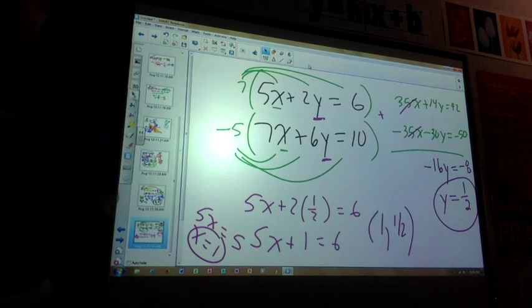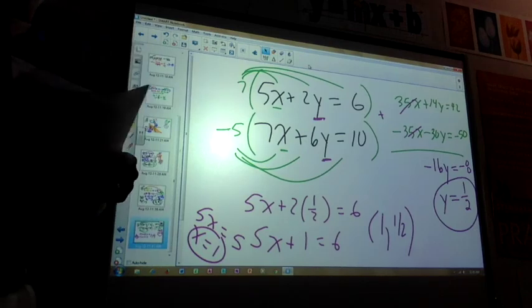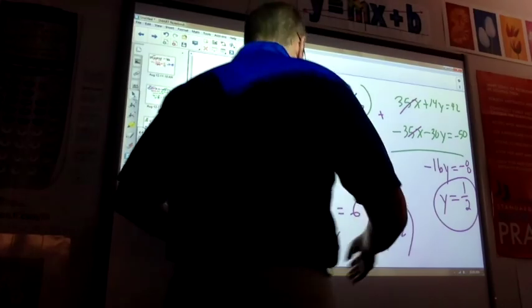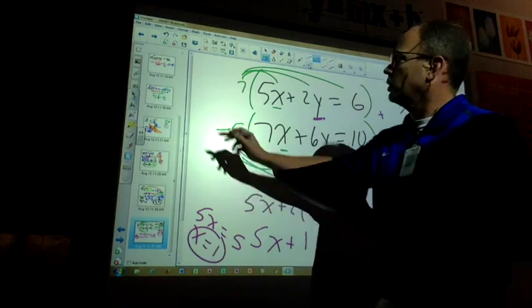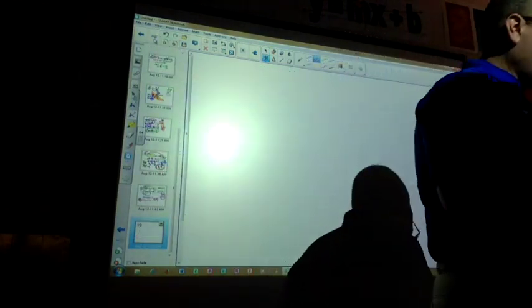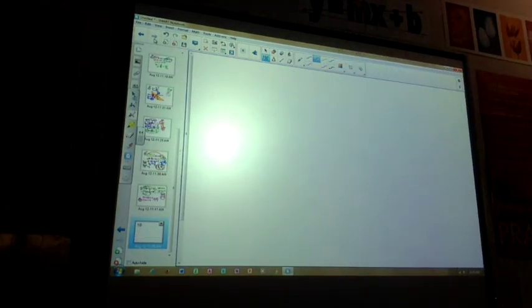Okay, can I flip the page? Let's go to the back side of that page. Or in your book, it might be the back side or it might be the next page. I don't know. I apologize. Next page. 15 through 18, we're just simplifying. Does anybody need help on any of 15 through 18 on that back side?